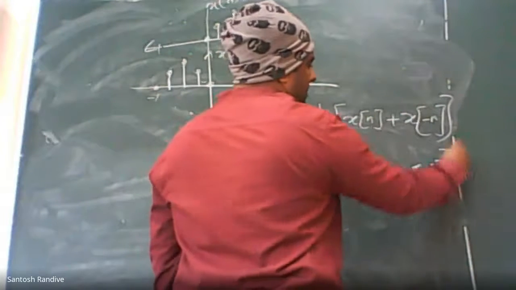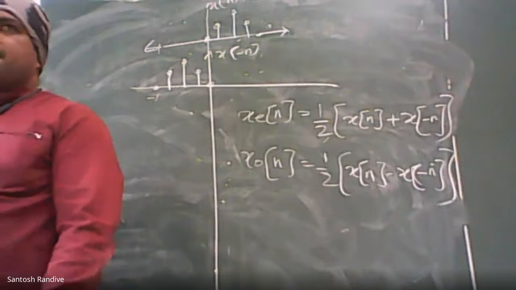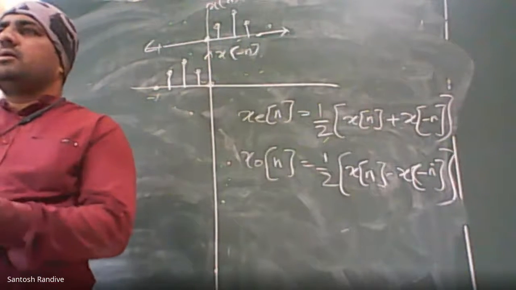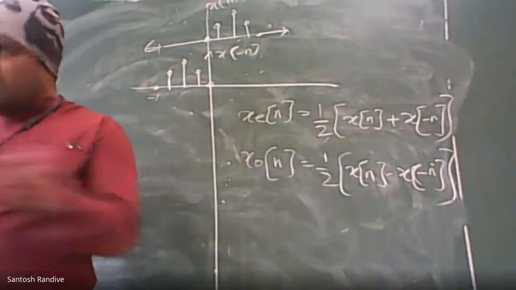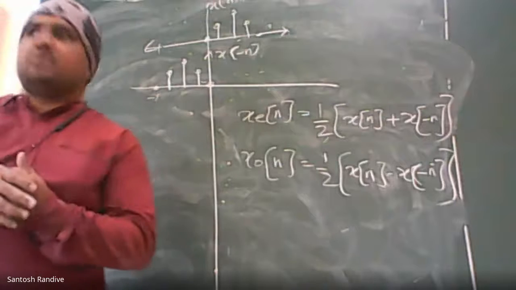That's it. Simple. Tomorrow we'll see periodic or aperiodic as well as energy and power. So it will finish the classification of signals. Then we'll see operation on the signals after that.